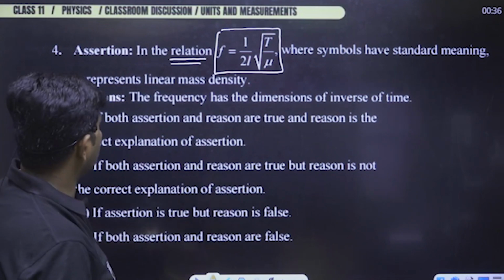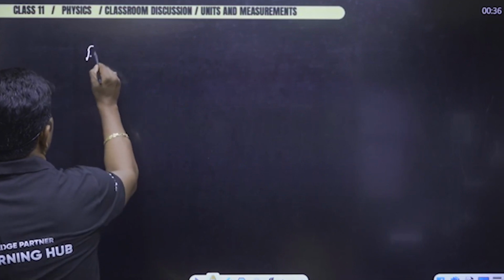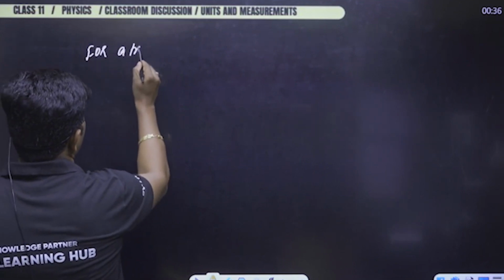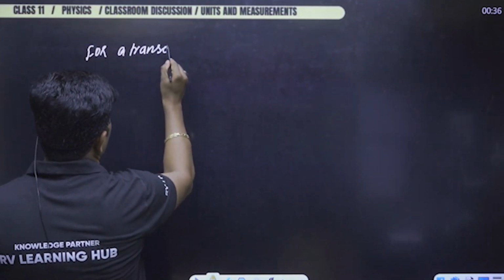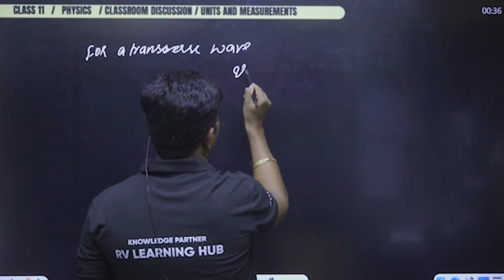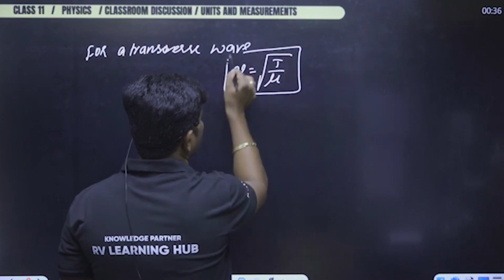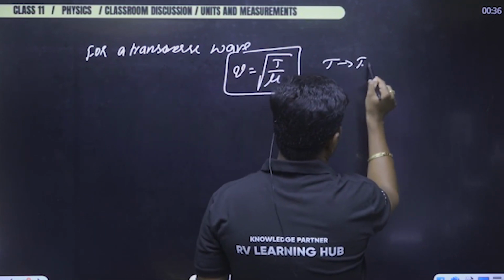Whenever we consider a transverse wave, velocity or speed is equal to root of T by mu. What is T here? T is the tension in the string.